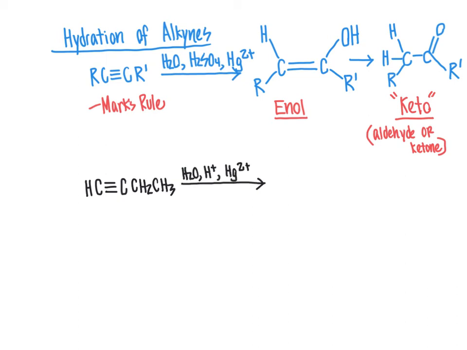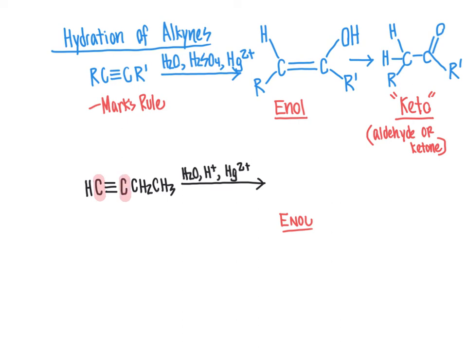And what's going to happen here, if we were asked to provide the enol, which I will just sketch out en route to what we would actually observe as our final product, which would be the keto product. In our enol product, or intermediate, I should say, to be more accurate, we will decide which of the two carbons of the alkyne are going to pick up the H and which is going to pick up the OH.